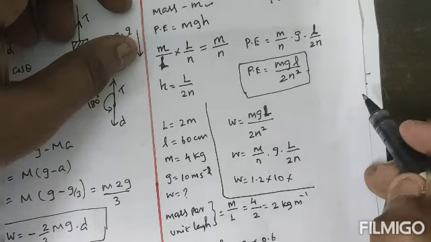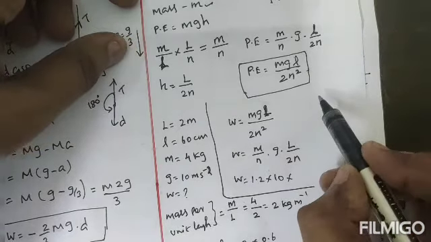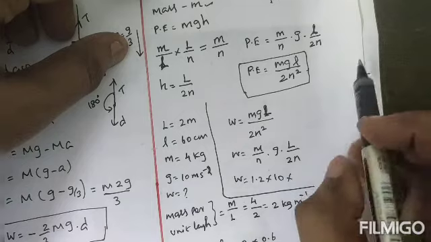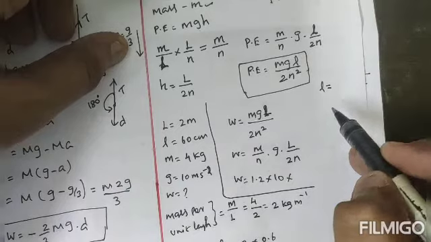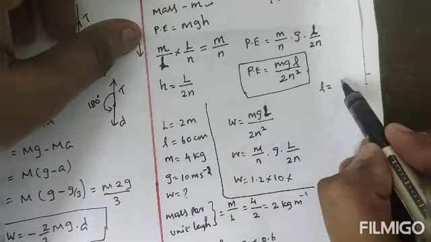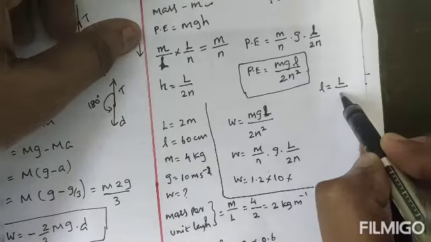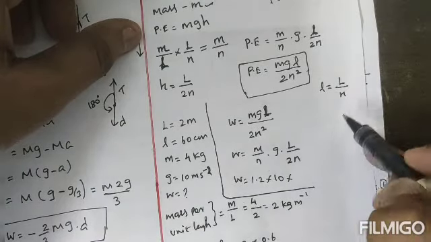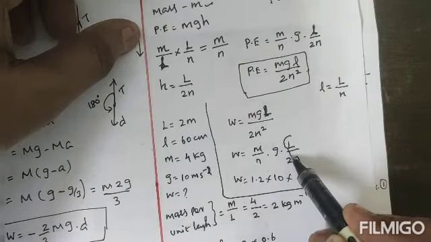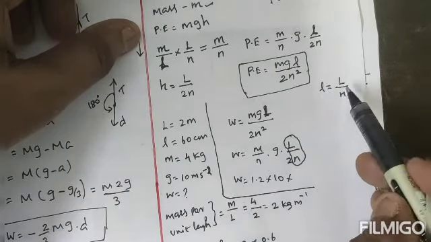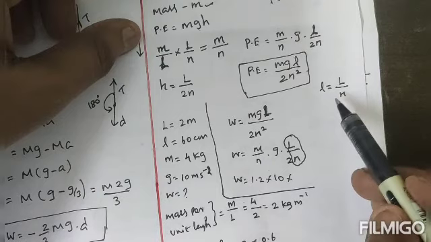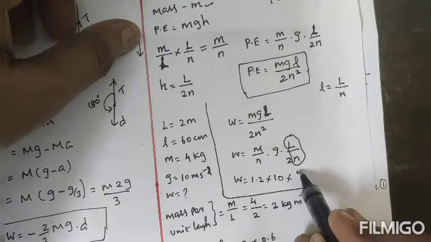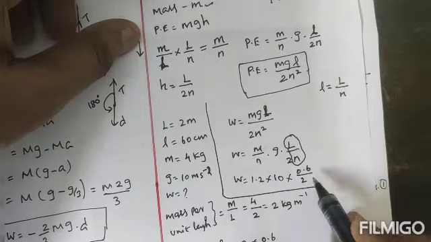You already know that small l is equal to L by n. So L by n is nothing but small l, and small l is 0.6 meter, divided by 2.